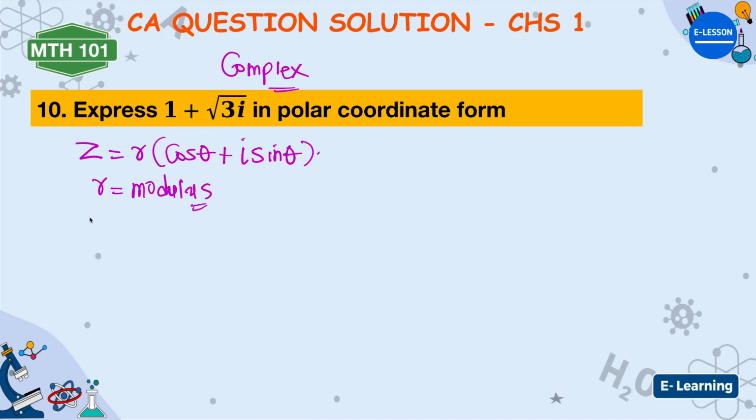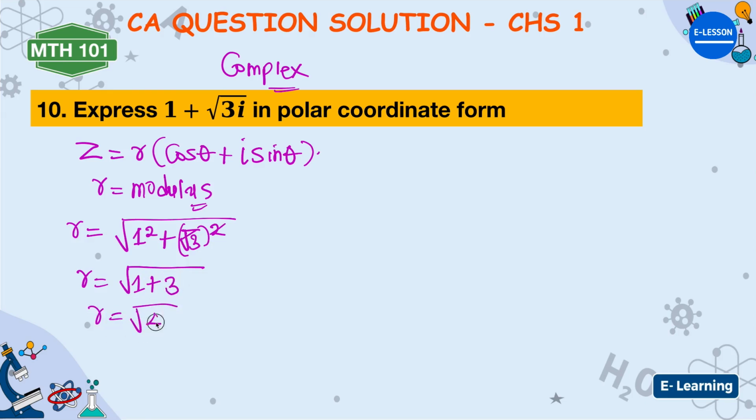How do you get the magnitude? All you need to do to get r, it is the square root, like normal when you are finding the magnitude of a vector, of what you have here, which is 1 squared plus the square of what you have attached to i. What you have attached to i is the square root of 3. So this gives us square root of 3 also squared. So our r will be equal to the square root of 1 squared is 1 plus this squared, cancel the square root, which is 3. So r will be the square root of 1 plus 3, which is how many? 4. r will be equal to 2.